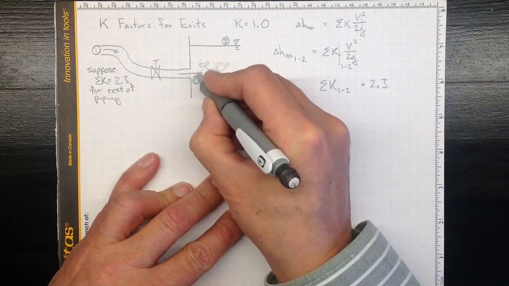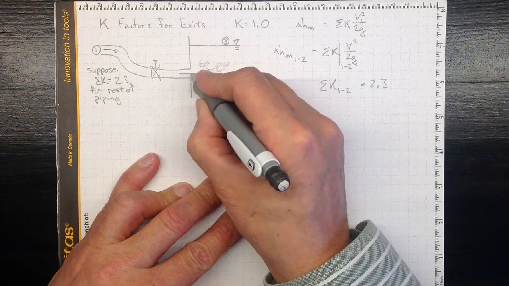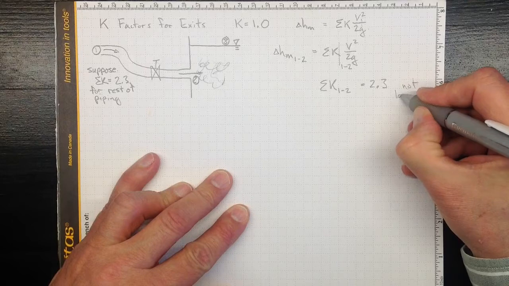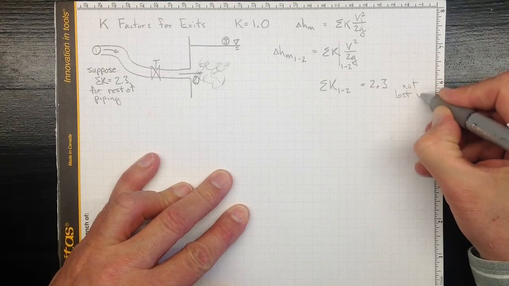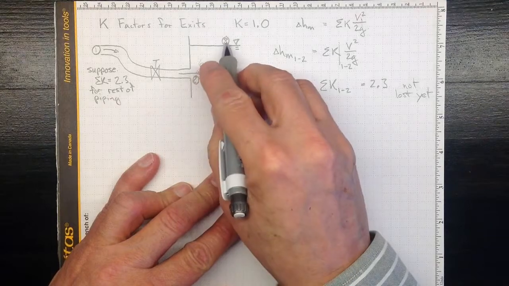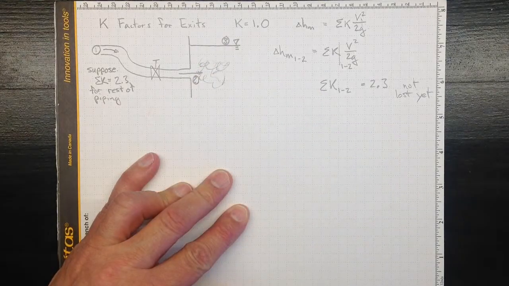We still have v2 squared over 2g right here. Not lost yet. It's as we go from location 2 to location 3 that we're losing all of that kinetic energy.